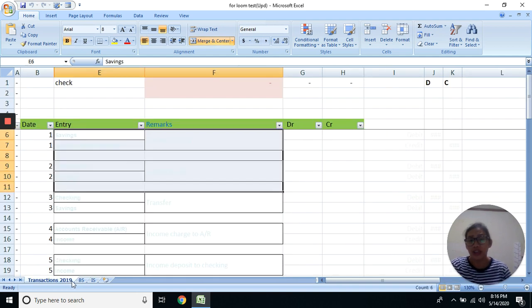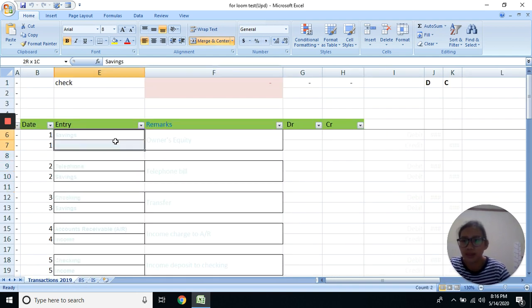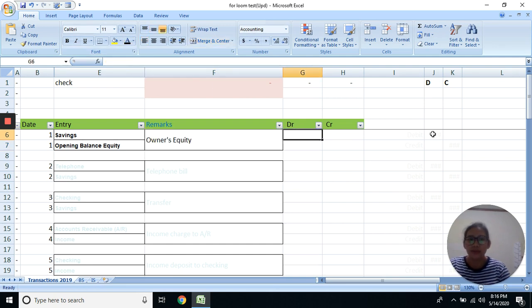So our first transaction. We have our owner's equity, the amount of 662.50. We debit savings.